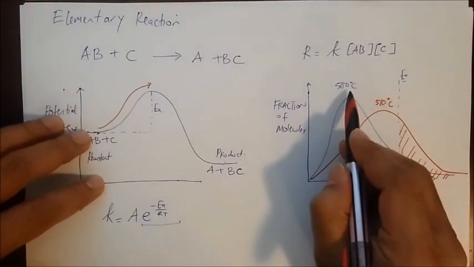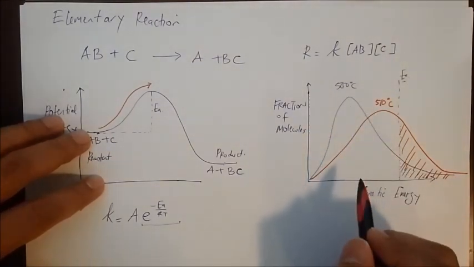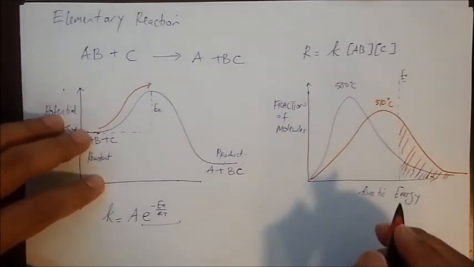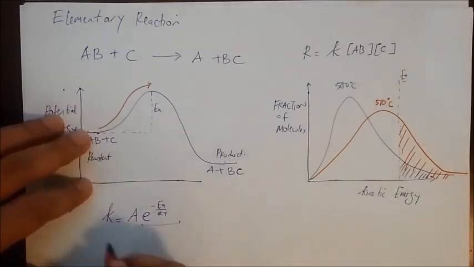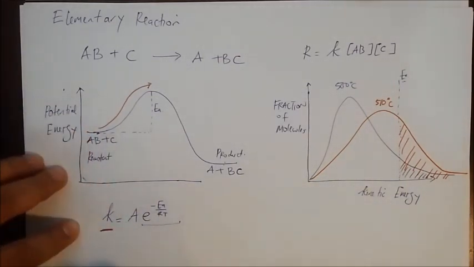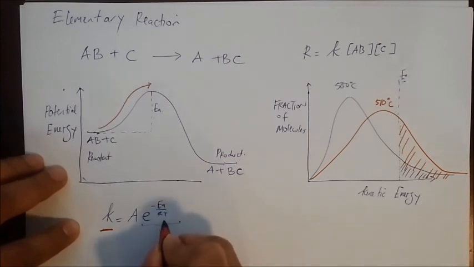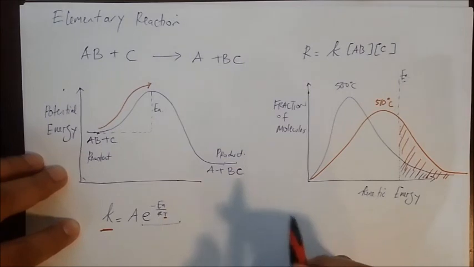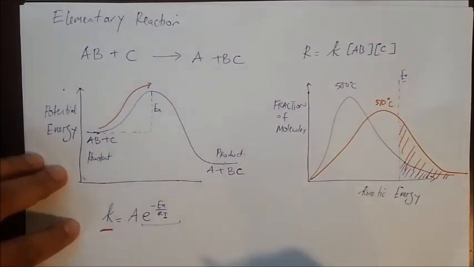Under this condition, you will have more reaction, or the reaction rate will increase, because the reaction rate constant increases, because as the temperature gets higher, this term becomes closer to 1, right? And as a result, k will be higher.